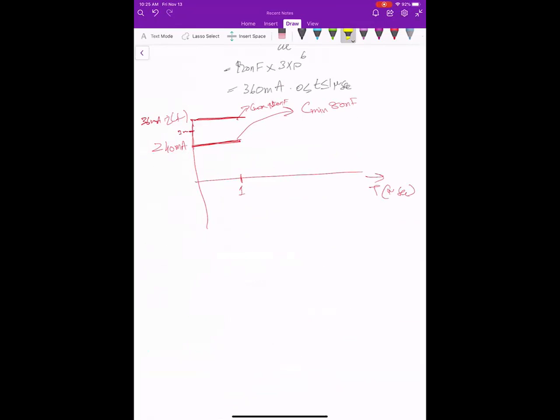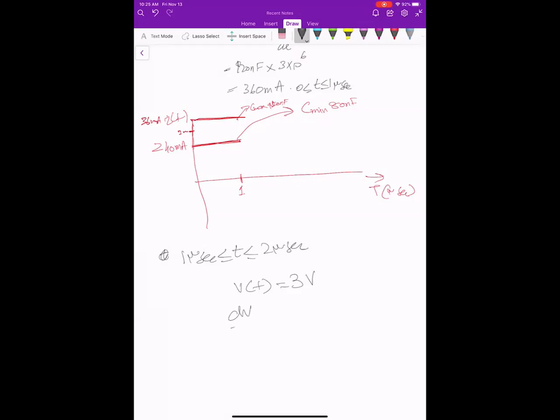So the next part says that from 1 microsecond to 2 microseconds, your V of t is 3 volts, right?